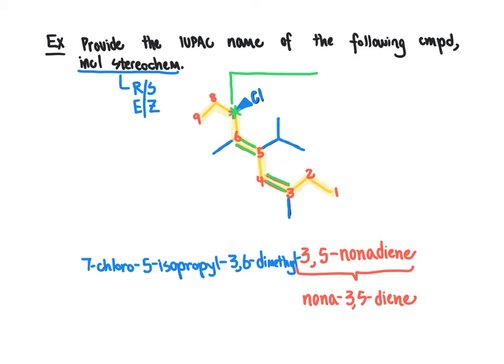Okay, so highest ranking group that's bonded there is, of course, our chlorine atom, so I'm going to put that as number 1. Second highest ranking group, if you go through and compare an ethyl group, which is headed over toward carbon 8, to the alkene group there headed toward carbon 6, we would find that the alkene group is going to put us with a higher rank, so we'll put that as number 2.